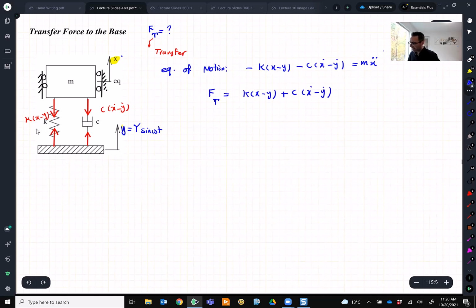To the base, I have a force k(x minus y), and I have a force c(x dot minus y dot). So the total force will be the sum of these two forces. But we already found that this value is equal to minus m x double dot in this equation.